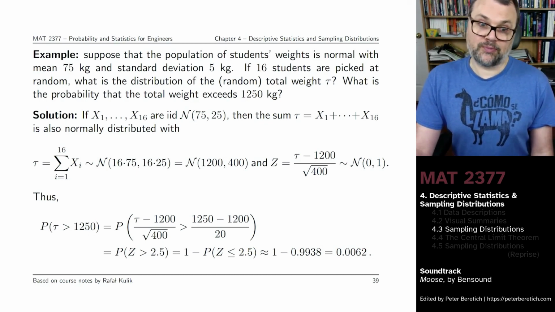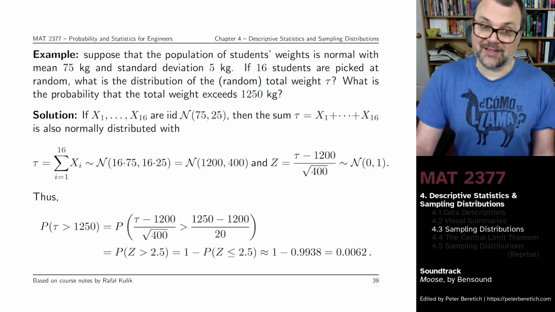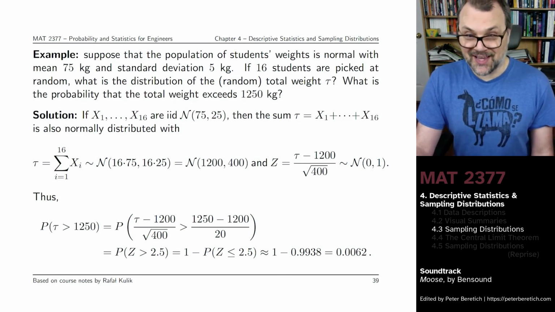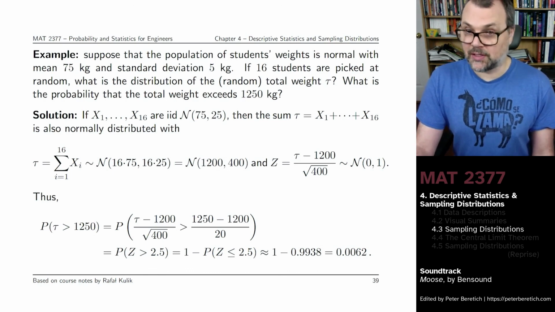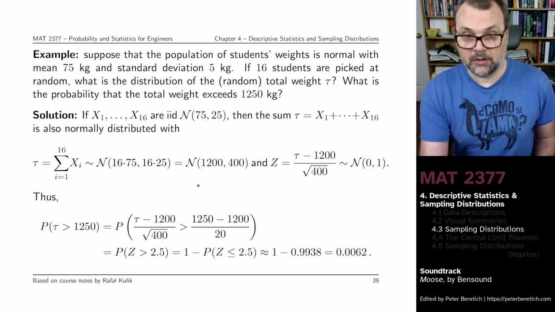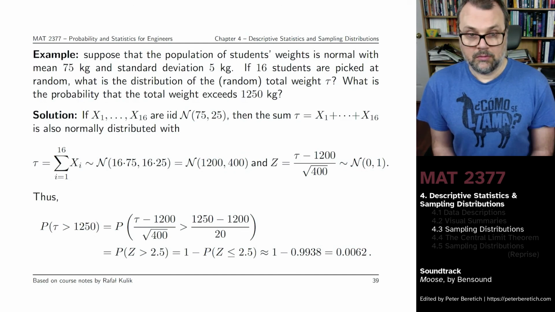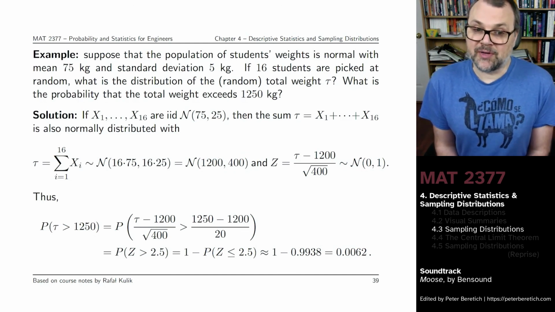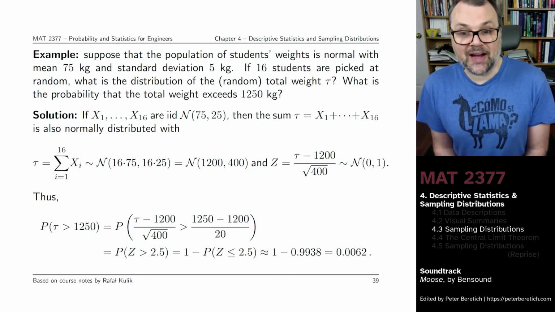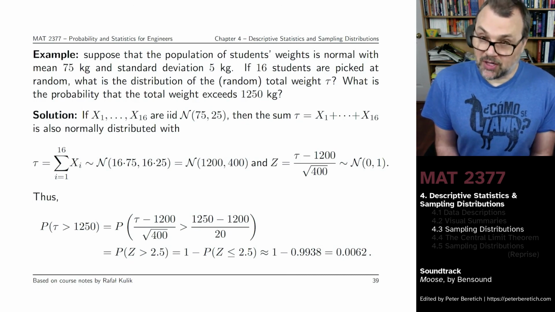So if you want to know the probability that tau is greater than 1250, that's going to be the same thing as the probability that Z is greater than 1250 minus 1200 divided by 20. These numbers here are not random. This is where they come from. That's the same thing as computing the probability that Z is greater than 2.5. That should be a pretty small probability.